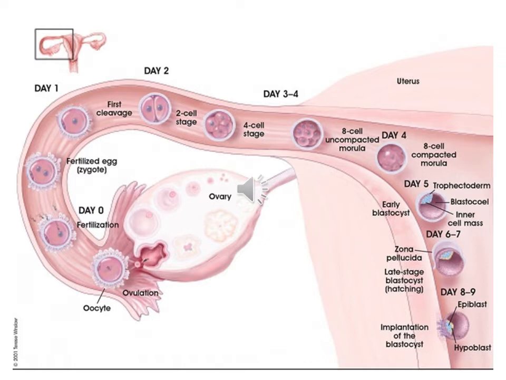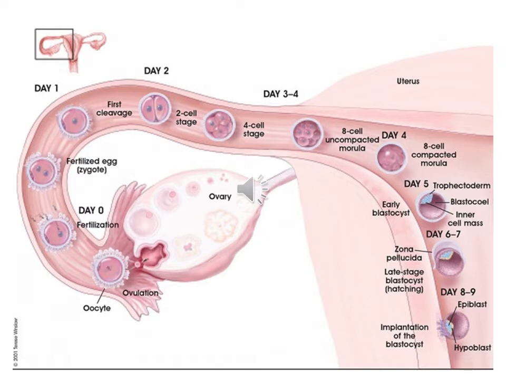Then we have seen that there is a 4-cell stage, 8-cell, 16-cell. Here you can see that the fertilized egg is moving through the fallopian tube and entering the uterine cavity. By the end of the third day, the morula is formed.